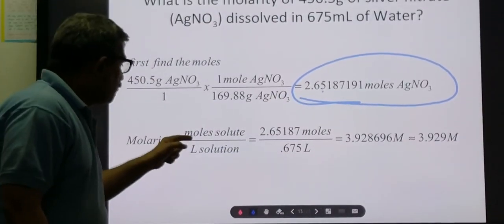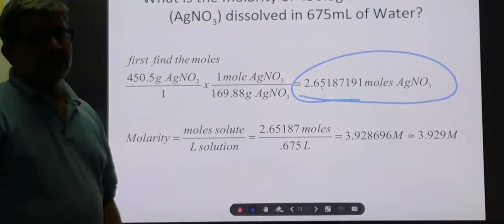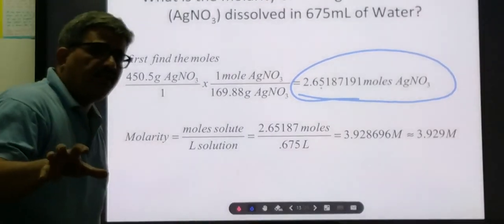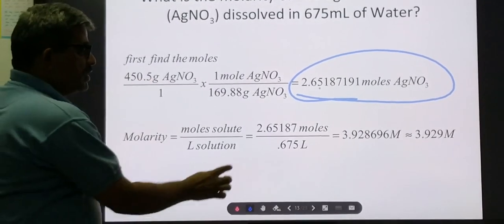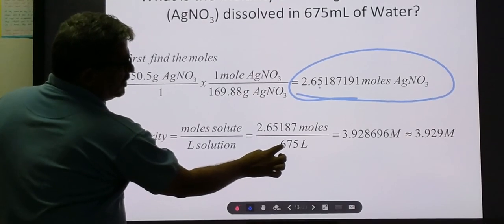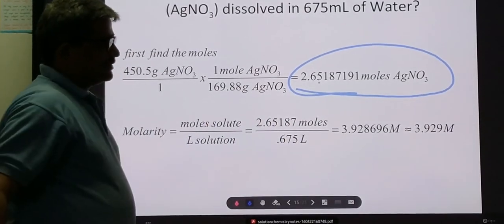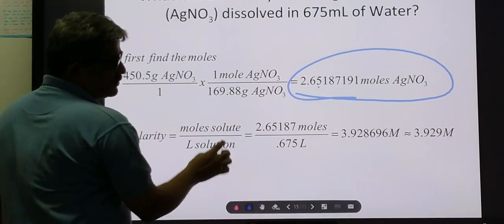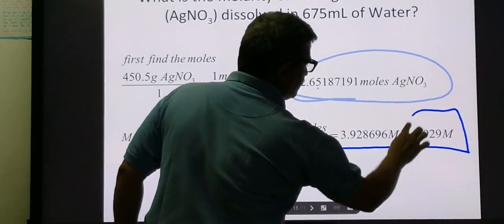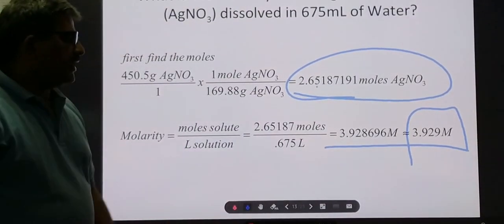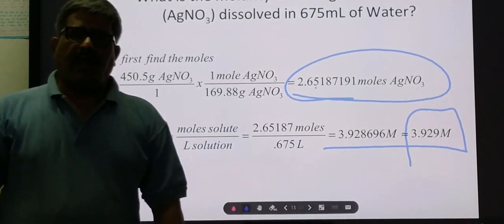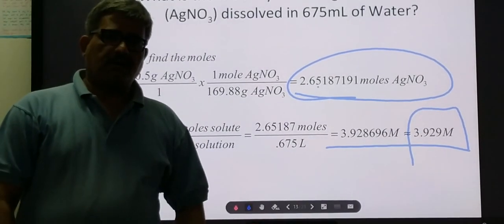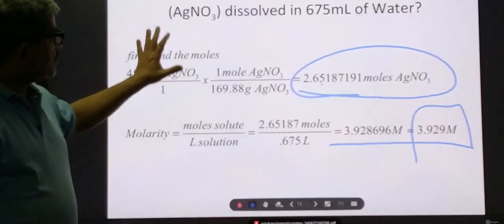But here, the volume of the solution is less. We need to take the volume in liters, so we have taken 0.675 liters. If you solve this one, the final answer is 3.929 molar. Hope you have understood.